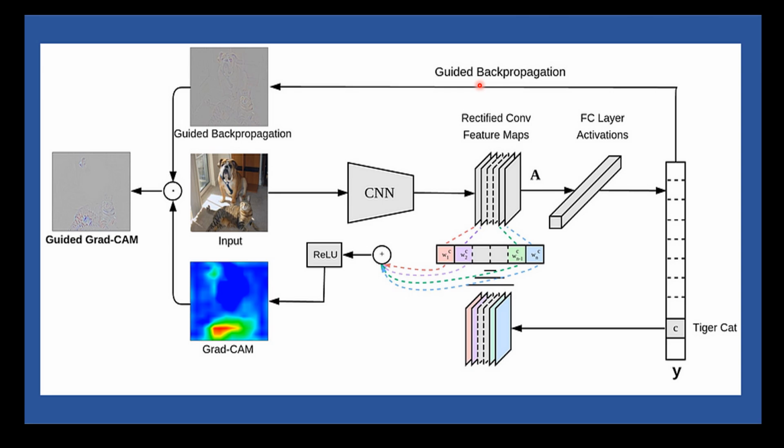When the patient's medical image is fed into the model, guided backpropagation can help us understand which part of the image the model is looking at when making a diagnosis. By visualizing the areas of the image that are most important for the diagnosis, we can gain insight into how the model is thinking and identify any potential bias or errors in its prediction.